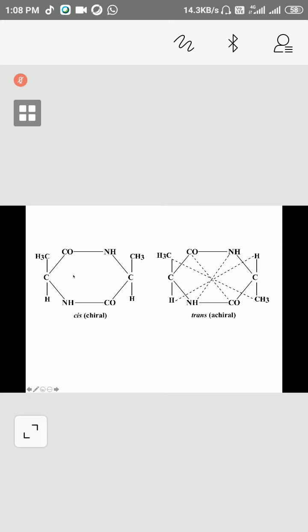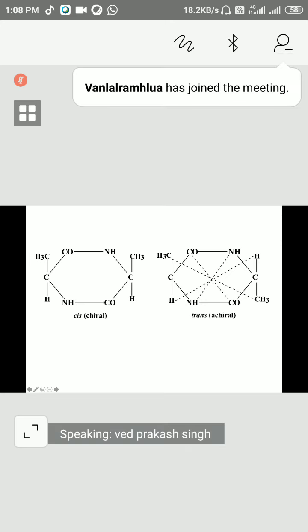Only here and here you will get a different atom. That's why this is chiral. But in this trans molecule, you will get the same atom on both sides. That's why this is achiral. Very good example. You should remember how this is achiral and how this is chiral.